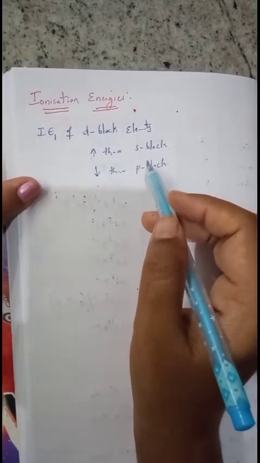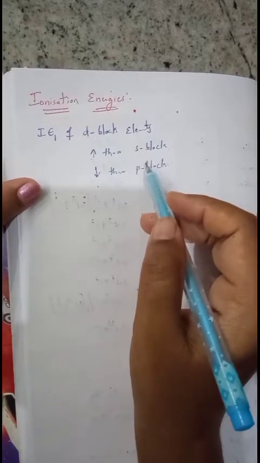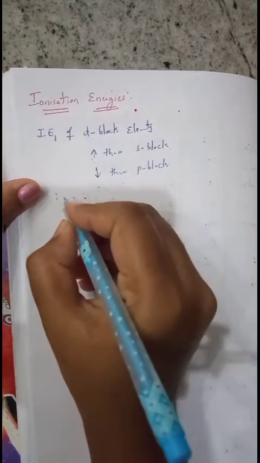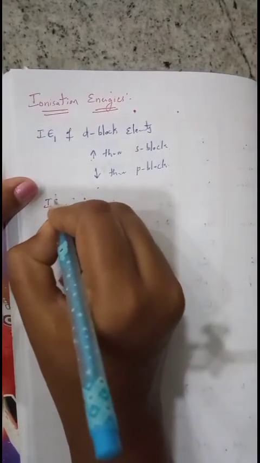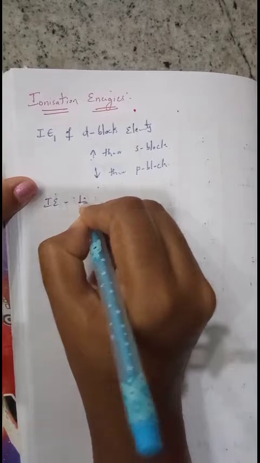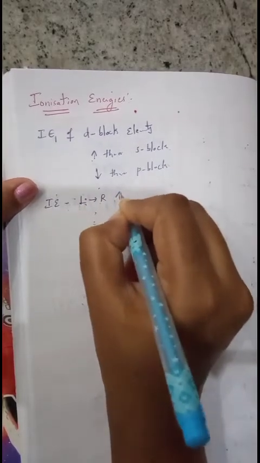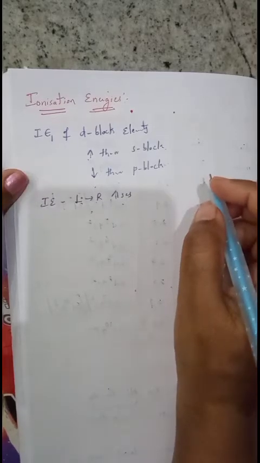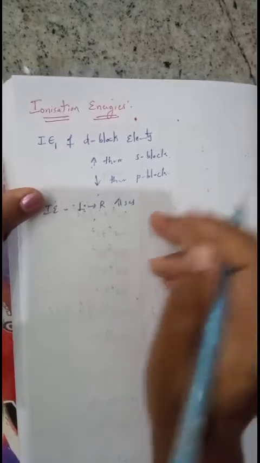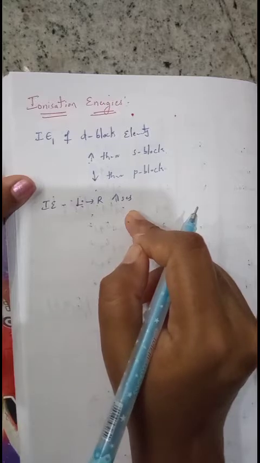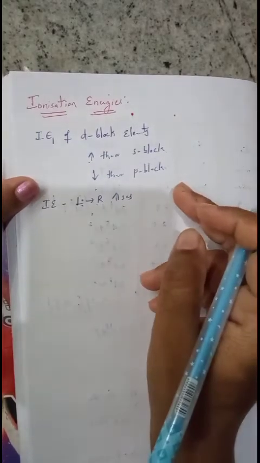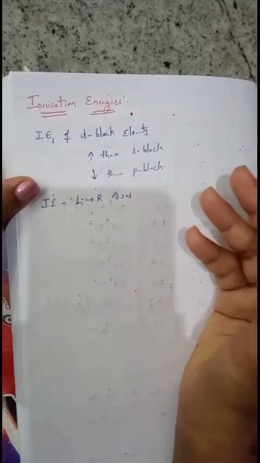Ionization enthalpies increase from left to right in the periodic table. This is due to the effective nuclear charge, and the increase is due to the shielding effect of the d electrons by one more d electron.